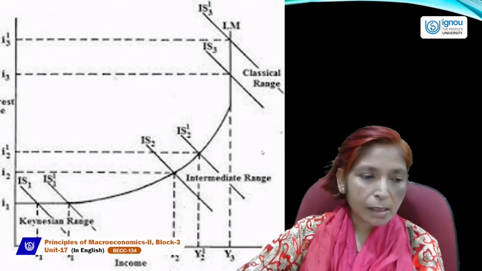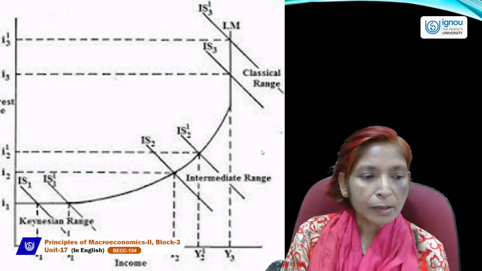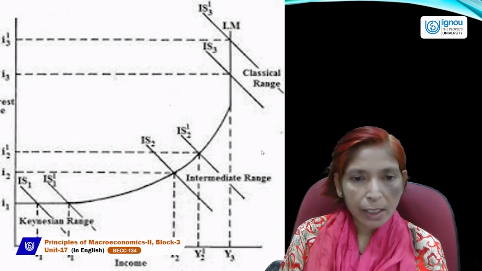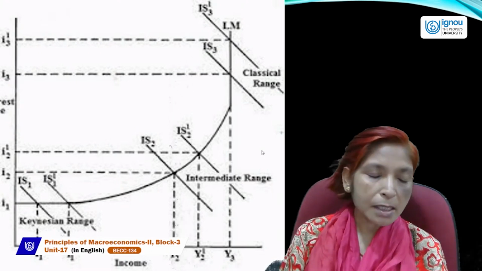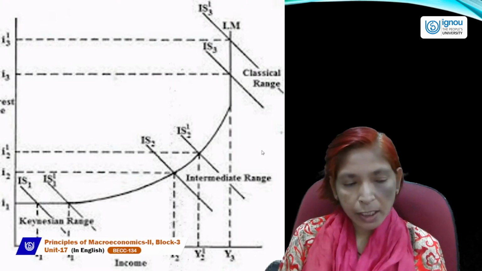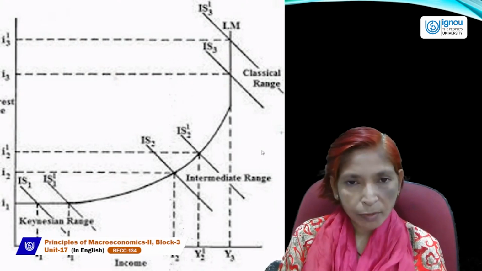And if the IS curve shifts, first of all we will draw two IS curves in each range. In the classical range, two IS curves we will draw. In the intermediate range, we will draw two IS curves. And in the Keynesian range, we will draw two IS curves. So in the Keynesian range, when we have drawn two IS curves, IS1 and IS2, we get two equilibrium points.